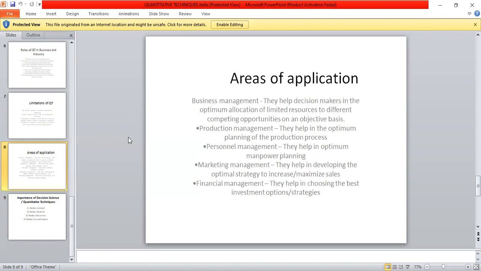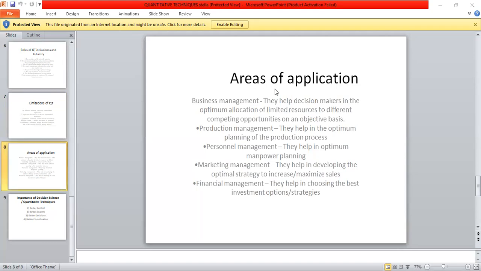In quantitative techniques, there are different areas of application. Yes, we have business management. Terry, take us through applications. Okay.